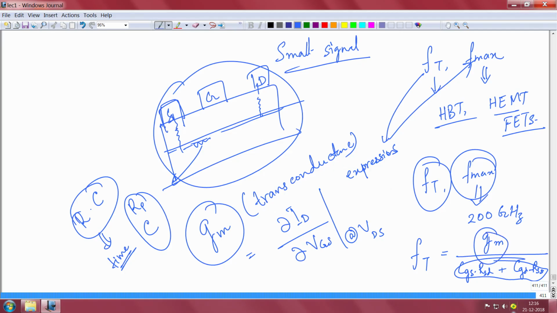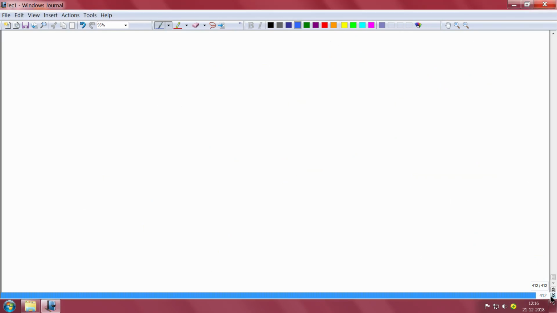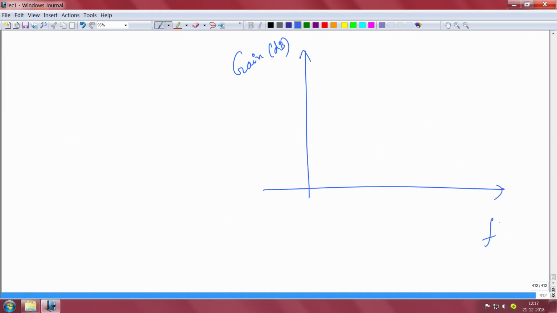So for example, if you plot the gain of an RF transistor in dB as a function of frequency, the gain will stay flat and then drop at a rate of 20 dB per decade. So the gain is dropping by 20 dB in one decade of frequency. This is a log scale of the frequency, by the way, so you will have, say, 1 gigahertz, 10 gigahertz, then 100 gigahertz.